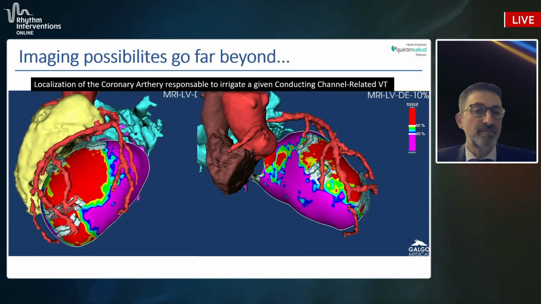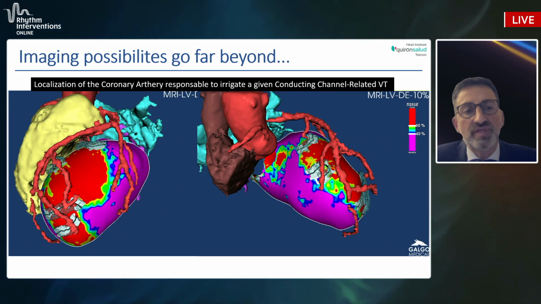So, but there are other imaging possibilities that I say go far beyond. This is an example of a patient with an anterior myocardial infarction showing the extension of the scar and showing here, if you can look at them, the border zone channels.